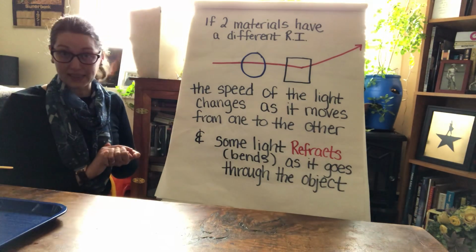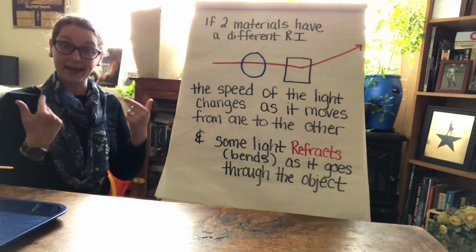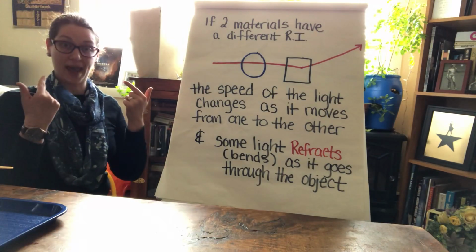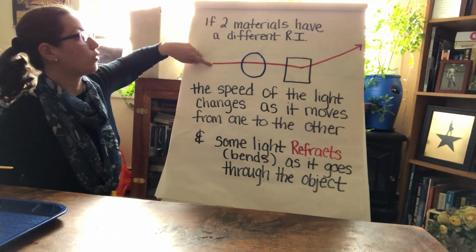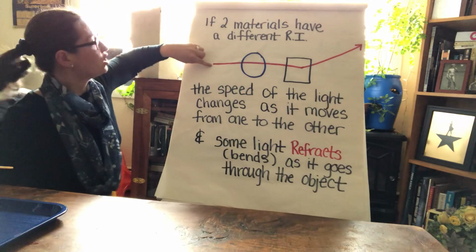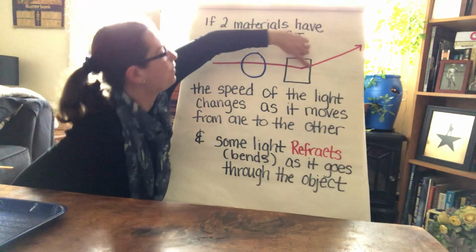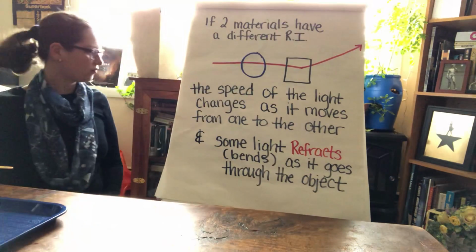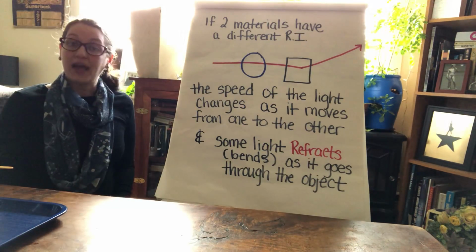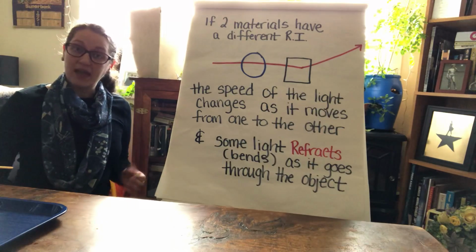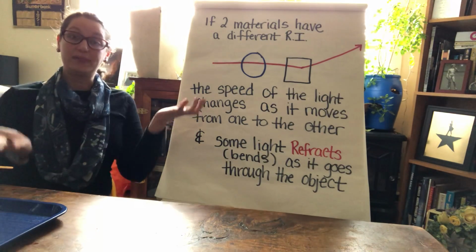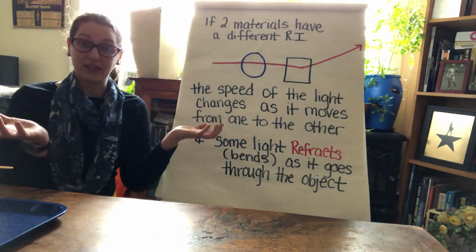It also means that some of that light is going to reflect like a mirror. It's going to reflect back, and some of it is going to refract, or bend. So essentially the light is moving in a straight line, and then it refracts and it bends and goes that direction. So again, the relationship there is a balance in refractive indexes.